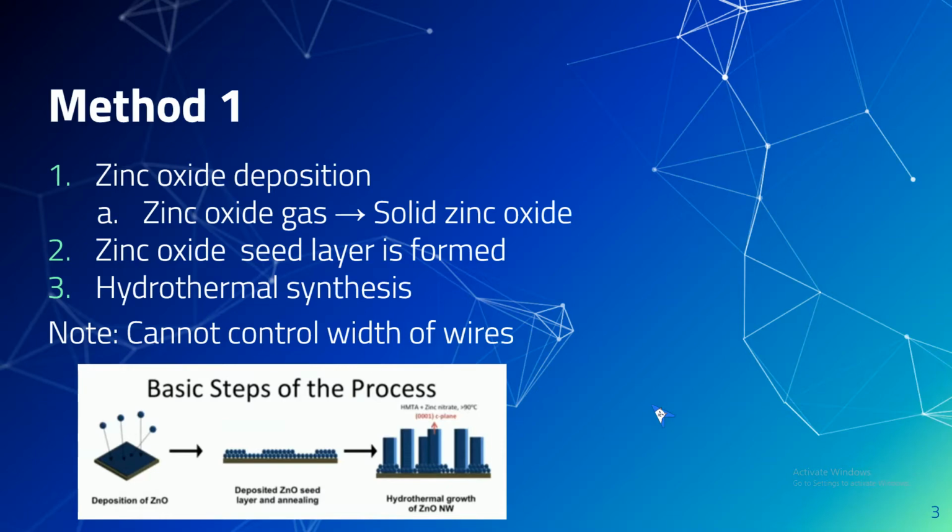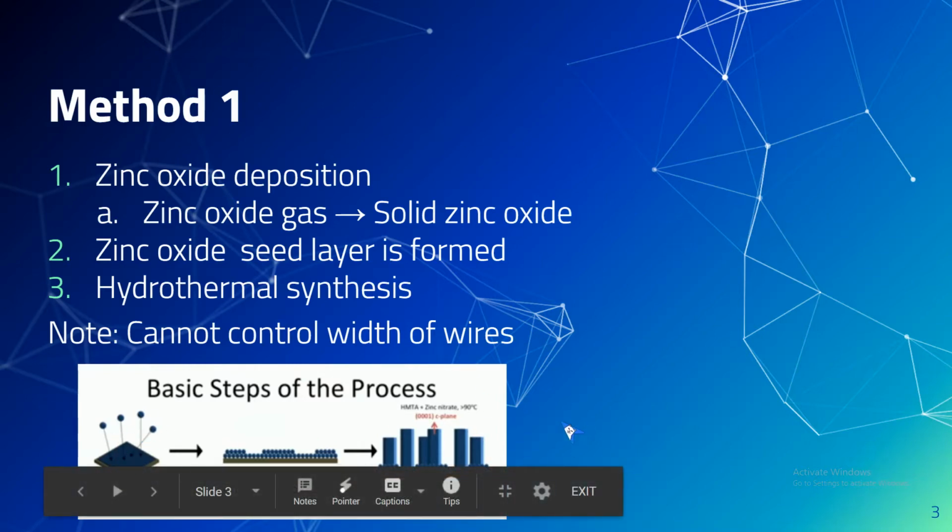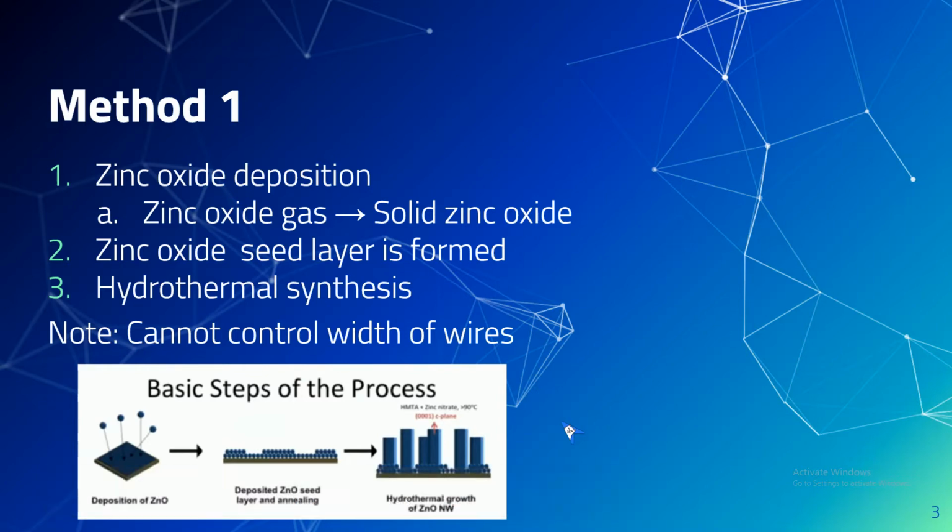And so deposition is a chemical process that allows a substance in a gaseous state to bypass the liquid state and just immediately turn into a solid. So as you can see, this image right here is the deposition of the zinc oxide.